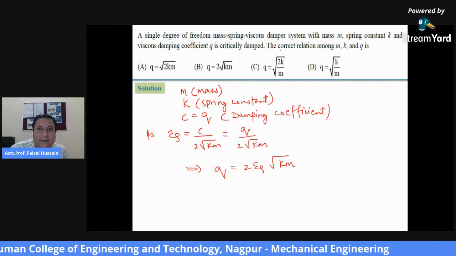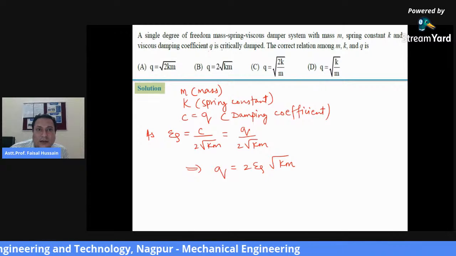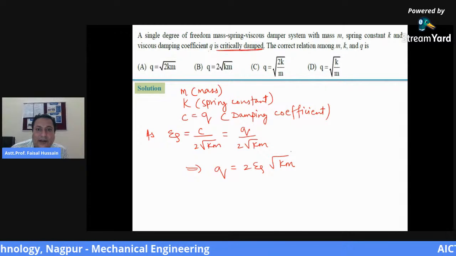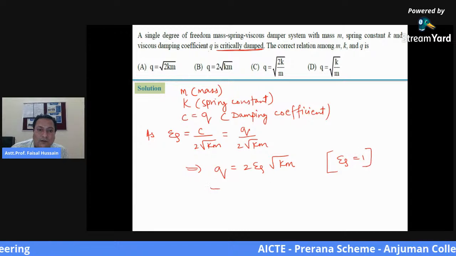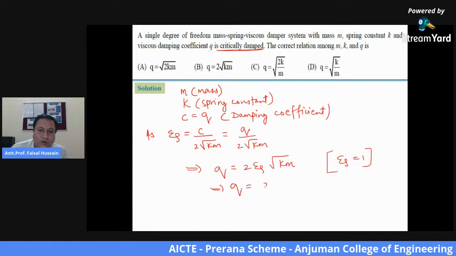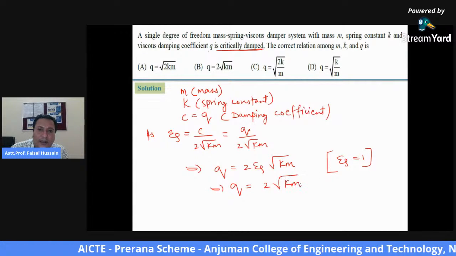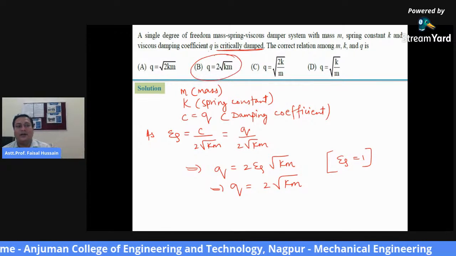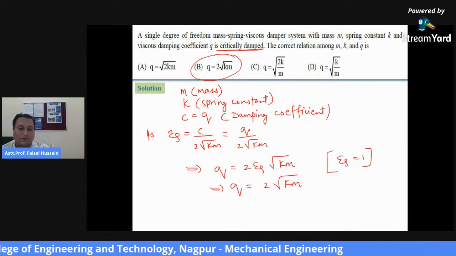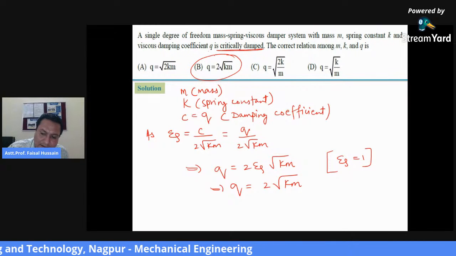It is a critically damped system. If critically damped, what will be the damping factor? 1. So what will be my answer? q equal to 2 under root km. This is your correct answer for problem number 3. Okay.